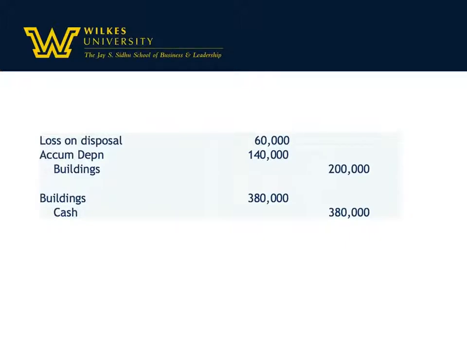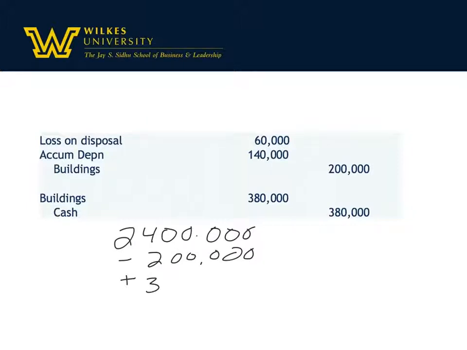So the only remaining piece is to ask, do we still think that the salvage value is $100,000? And if so, our calculation would be as follows. We started with the $2.4 million. We took out the $200,000 for the old roof. We're going to add $380,000 for the new roof.